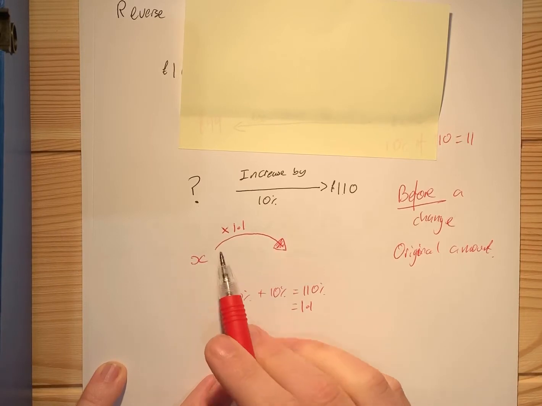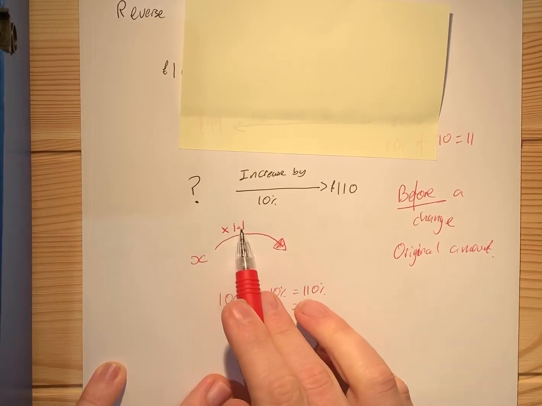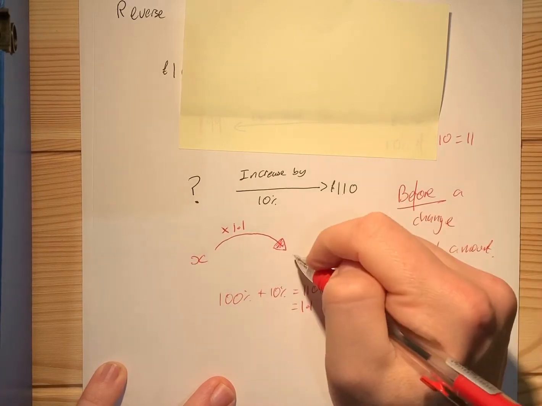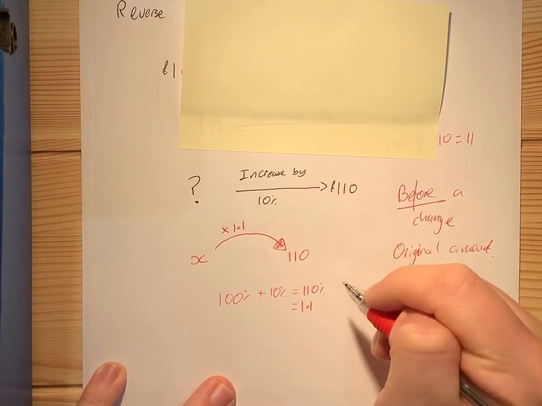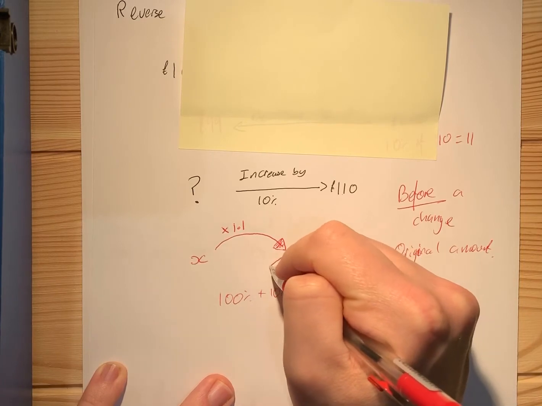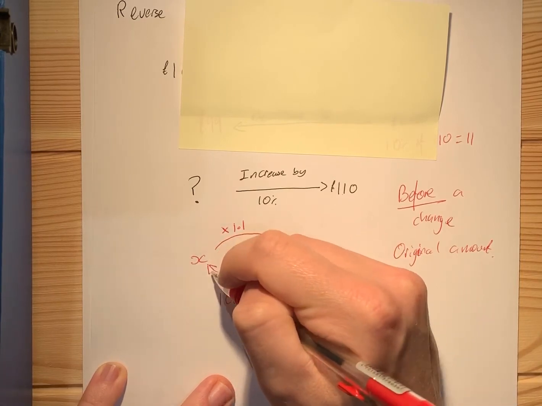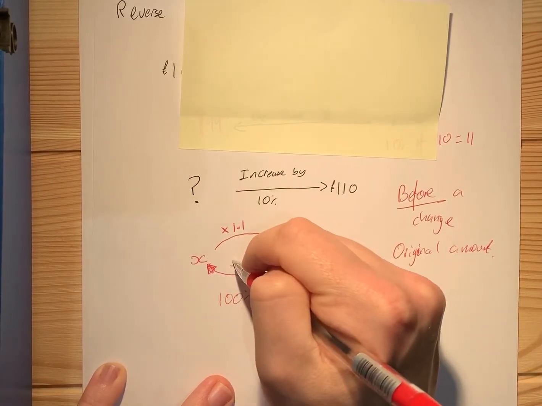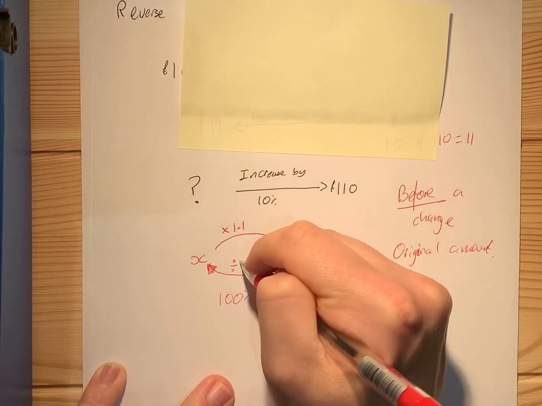So I had an amount, I multiplied it by 1.1, increased by 10%, and that gave me 110. To go the other way, we have to do the inverse, the opposite of multiply by 1.1, which would be divide by 1.1.